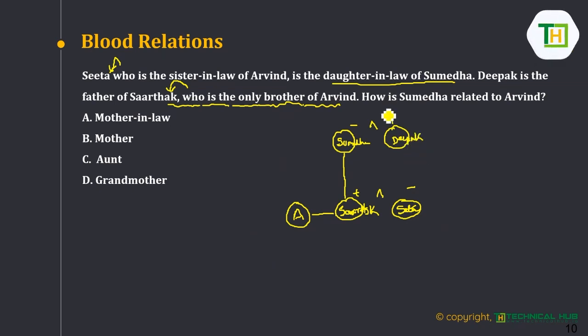So how is Sumedha related to Aravind? Sumedha is related to Aravind as mother. Aravind and Sarthak are siblings, brothers, so Sarthak's mother is Sumedha, which means Aravind's mother is also Sumedha. So finally, Sumedha is Aravind's mother.